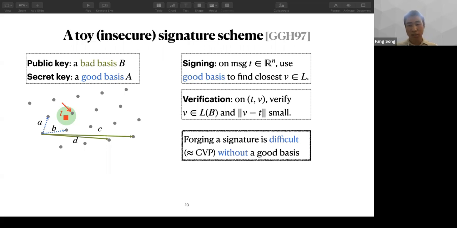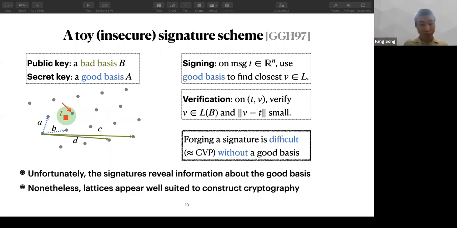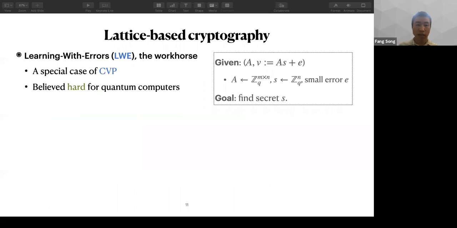So this looks good intuitively, but unfortunately, a more careful analysis shows that as the attacker collects more and more message and signature pairs, it can learn some non-trivial information about the good basis. So in fact, this scheme is not secure. But nonetheless, I think the point here is I want to show that lattices do appear well suited to construct cryptography. And this is indeed the case.